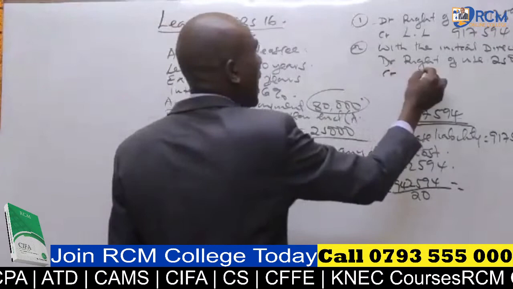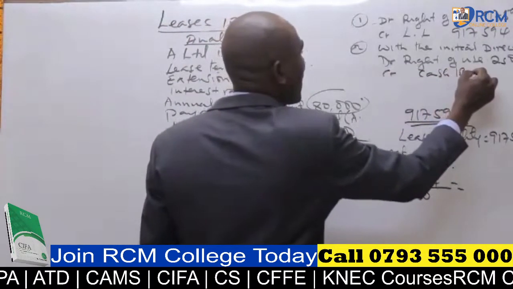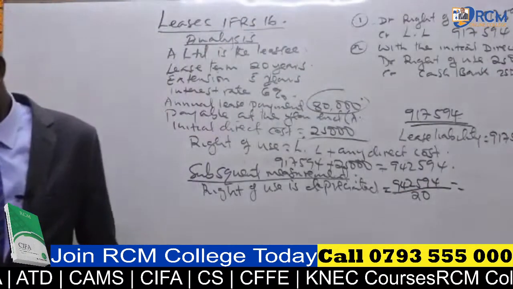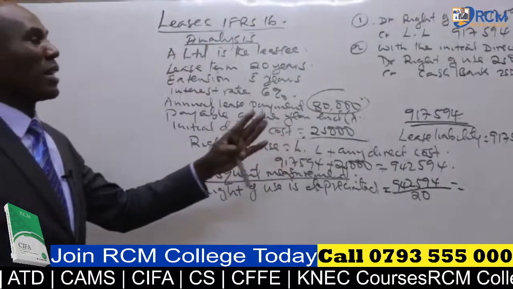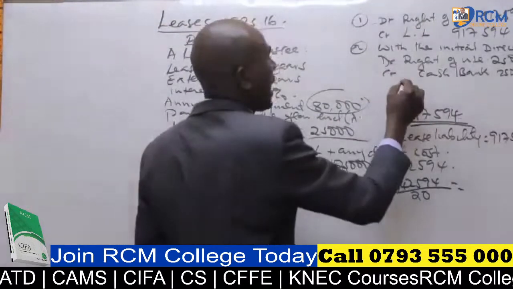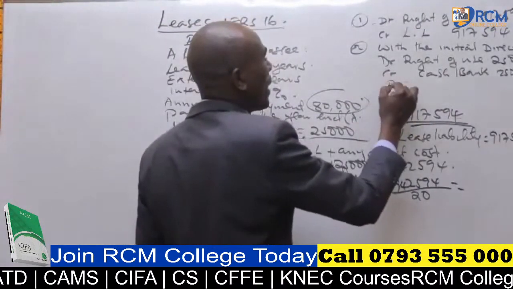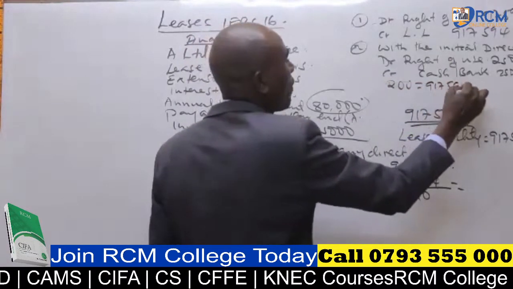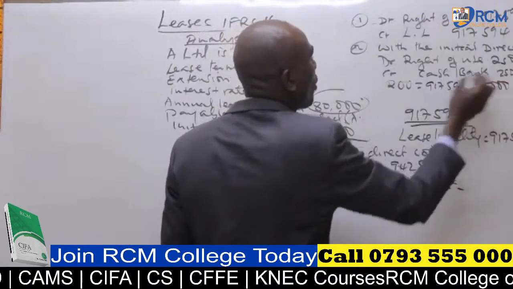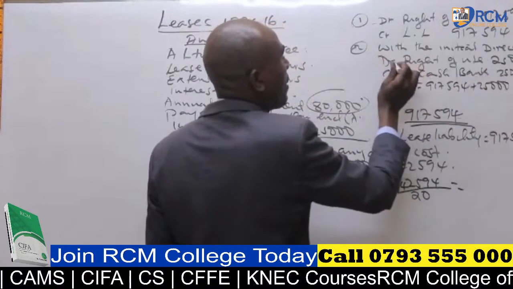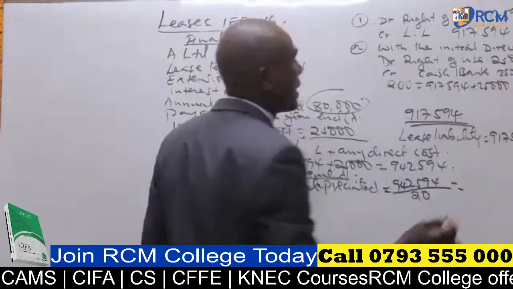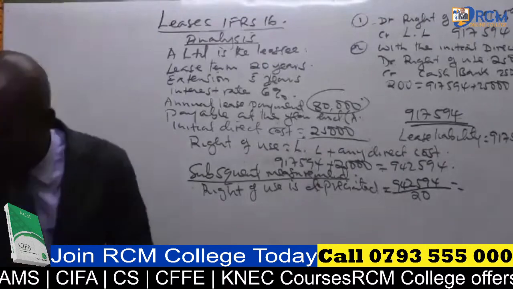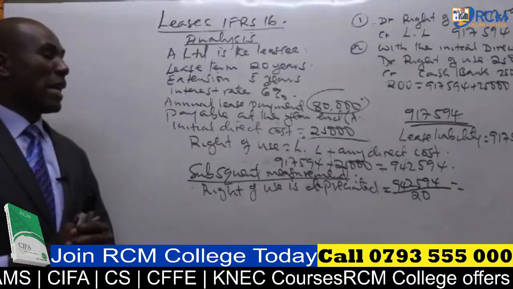Then I credit cash or bank, because I'm paying 25,000. That is why I'm taking ROU equals 917,594 plus 25. Because on initial recognition, I debit right of use, I credit cash or bank. That is our journal entry for those who are asking for the journal entries.